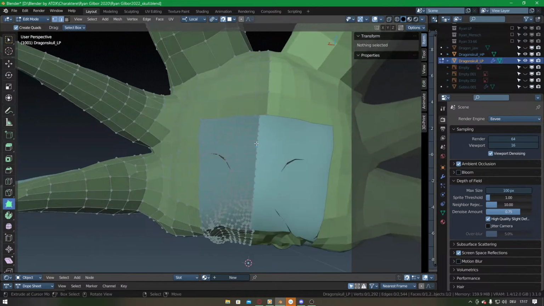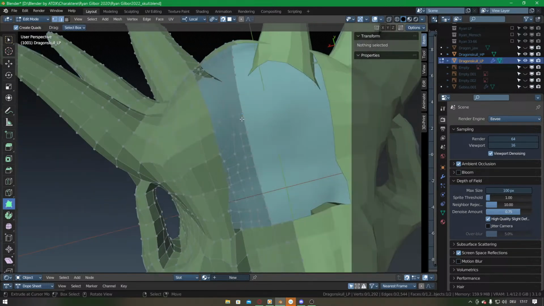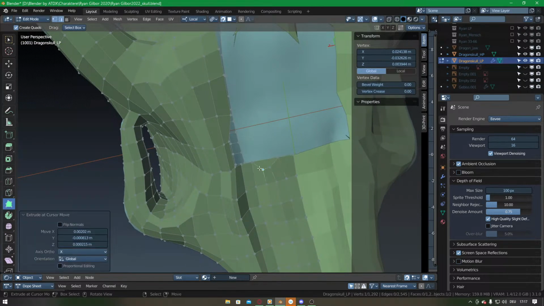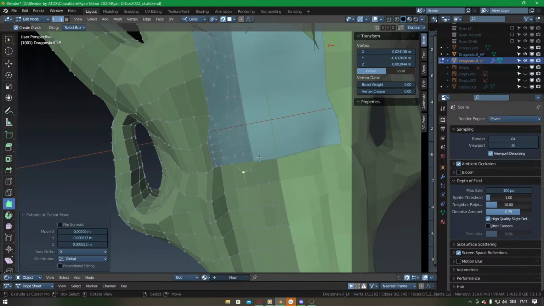No, it doesn't add up. It is 3 here and 5 down there. But the cool thing is, I just have to do this, and now it does add up. 1, 2, 3.